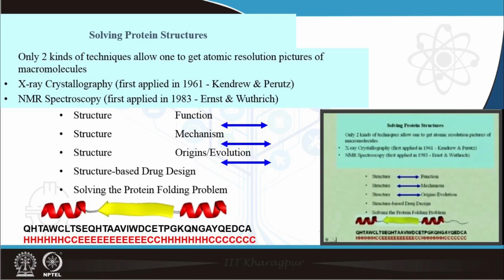That is the nomenclature here: H is helix, C is coil, and E is extended sheet. What I want to know, therefore, is if I have this sequence, how I can say which part is going to be a helix, which part a coil, and which part a sheet. That is going to help me in my analysis.